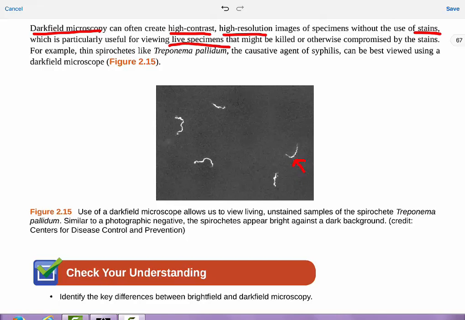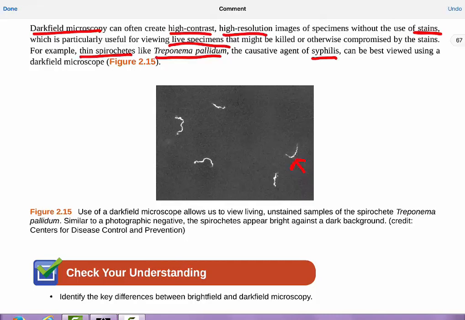It may not look the same once it's been stained. For example, thin spirochetes like Treponema pallidum, the causative agent of syphilis, can be best viewed using a dark field microscope. So you can really see the wiggly spirochete shape of those guys using the dark field microscope.